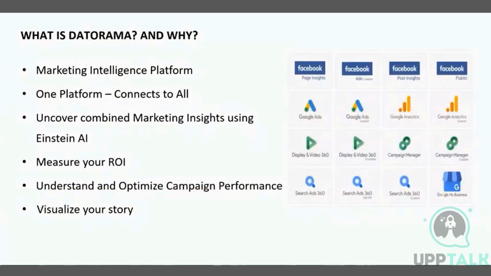All these graphs are called widgets in Datorama, and it has all the advanced widgets which help us monitor every aspect of data. Taking an example of the goals widget, whereby you can set goals and actions.